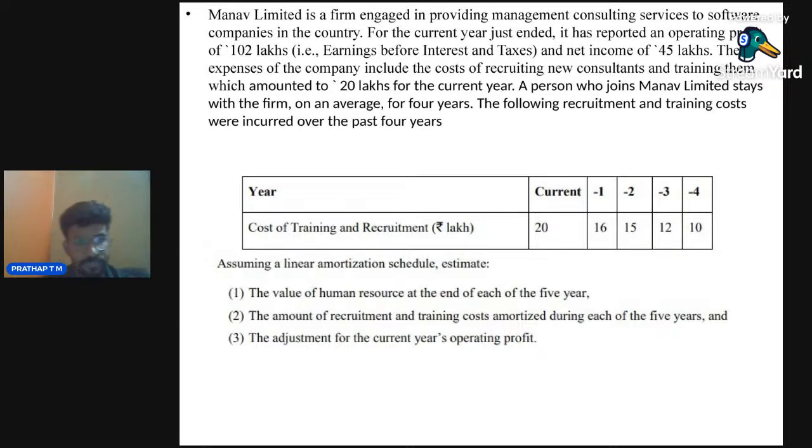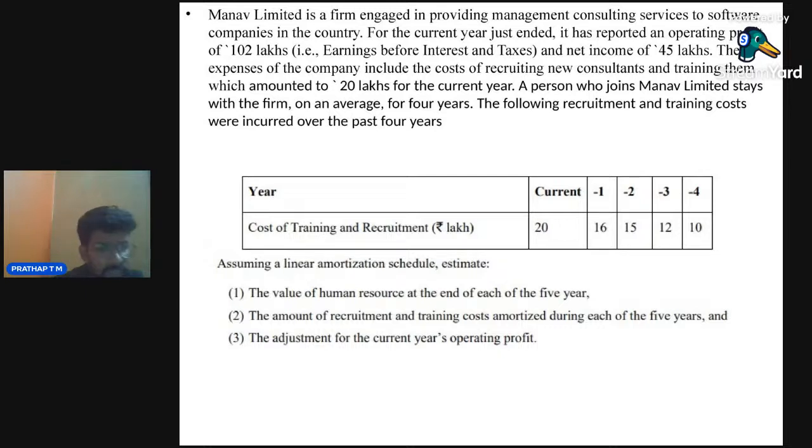How are we charging the amortization here? We can write it as working note one. How are we determining it? There are a number of methods we can follow in this table, and if you look at different books, you will find different ways.